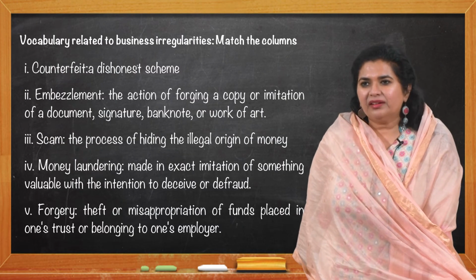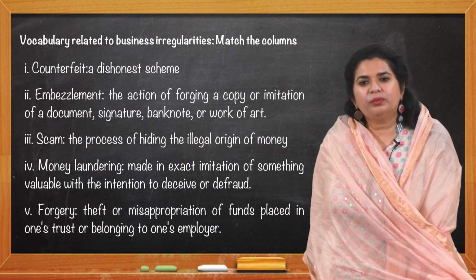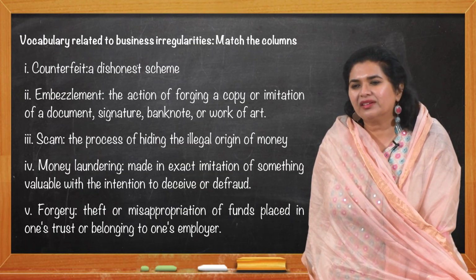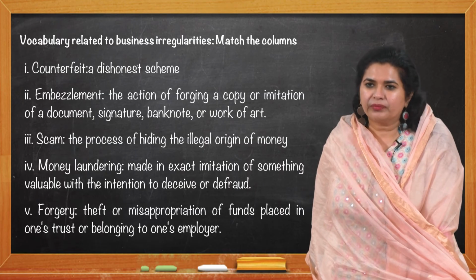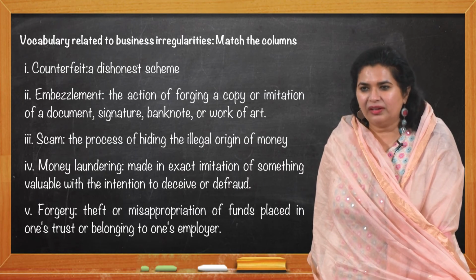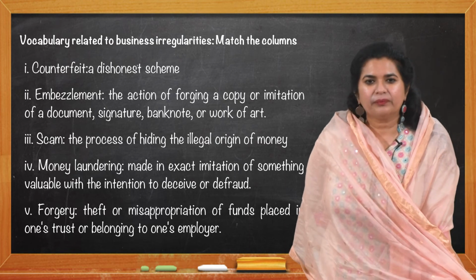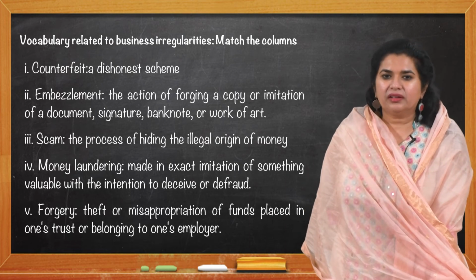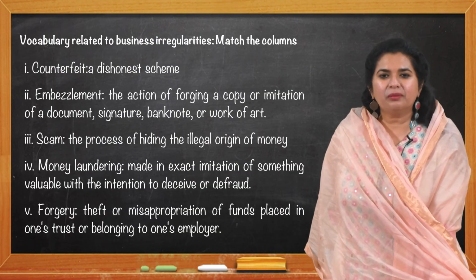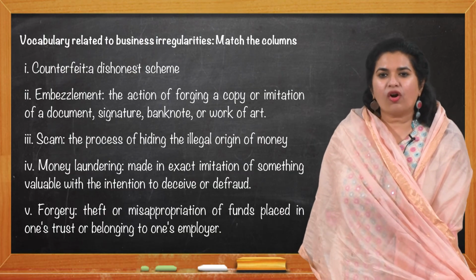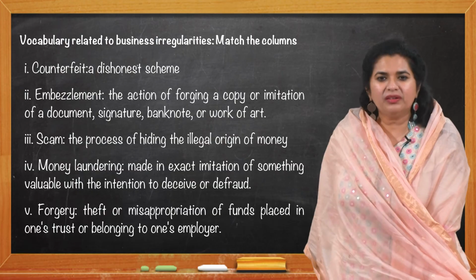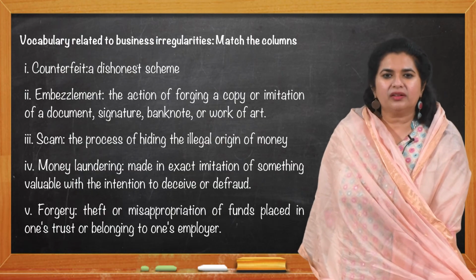Now, let us practice some vocabulary related to business irregularities. Match the column. So, I have given words, I have given you the meanings, but they do not actually match exactly. So, let us start doing that. Counterfeit, a dishonest scheme. Embezzlement, the action of forging a copy or imitation of a document, signature, banknote or work of art.